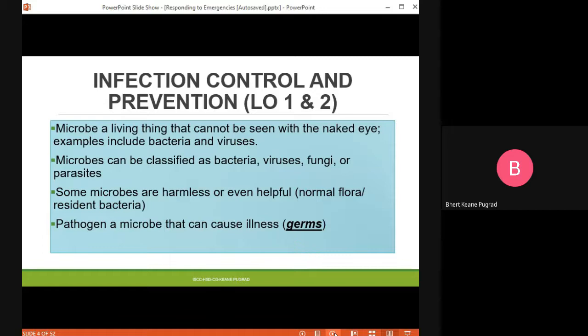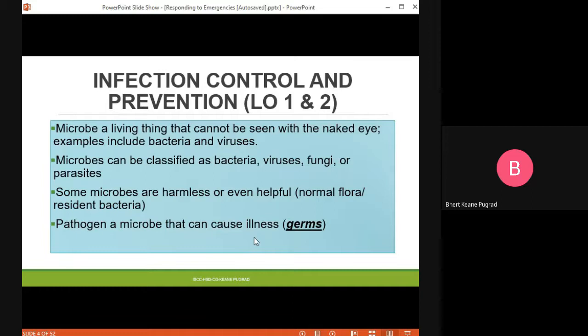Aside from bacteria and viruses, you also have fungi and other forms of parasites. Some microbes are harmless or even helpful. We usually label those harmless and helpful microbes as good bacteria. For example, we have probiotics.